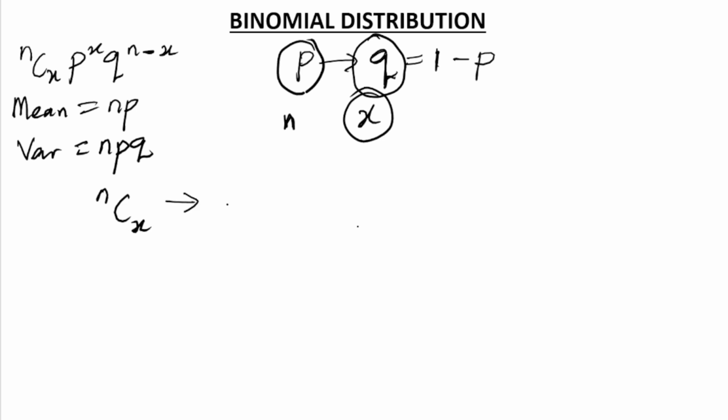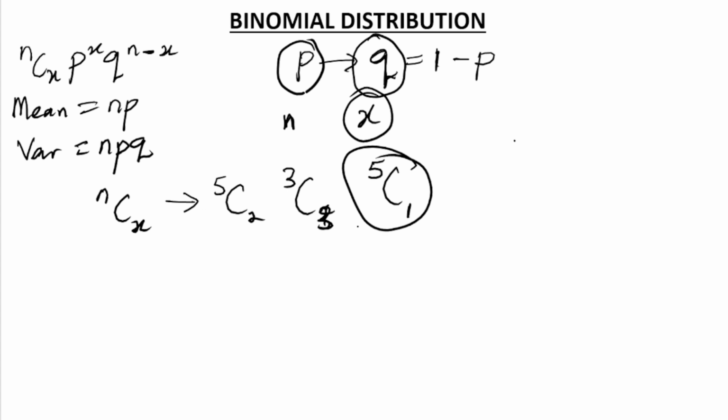So in the question, you come up with something like 5 combination 2, 3 combination 3, and let's say 5 combination 1. Let me show you how you can go about combination. The general formula for combination is n factorial divided by (n minus x) factorial times x factorial.